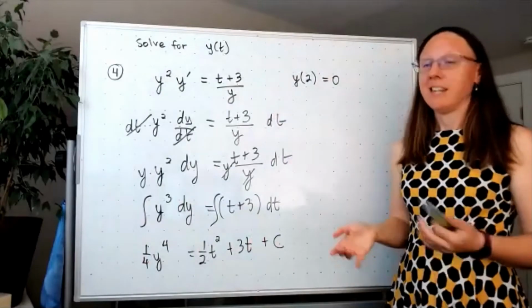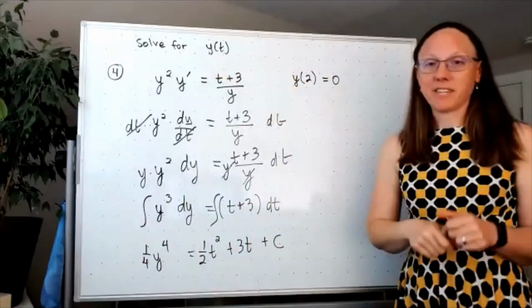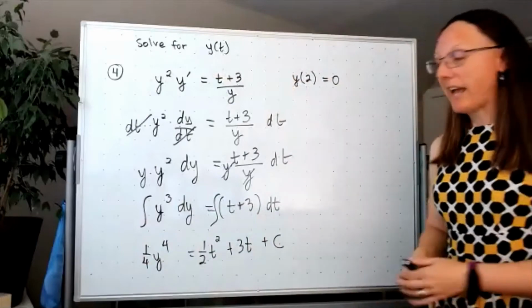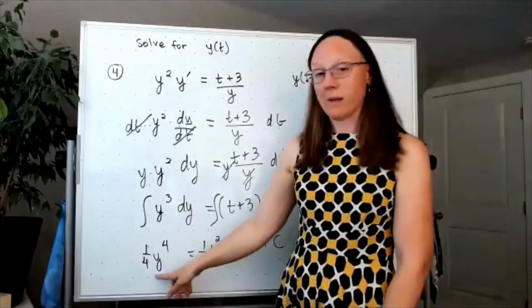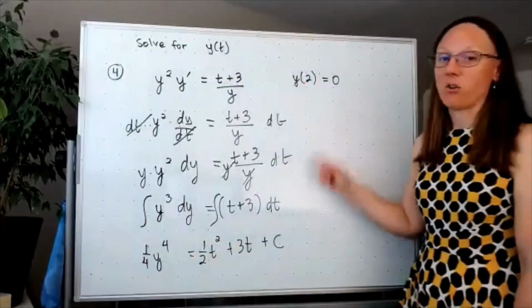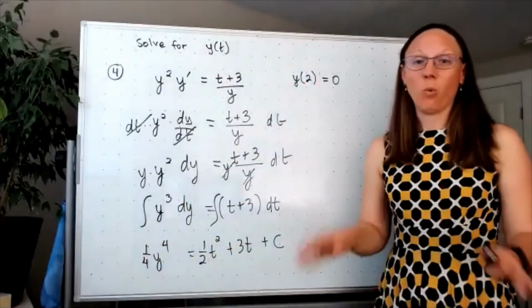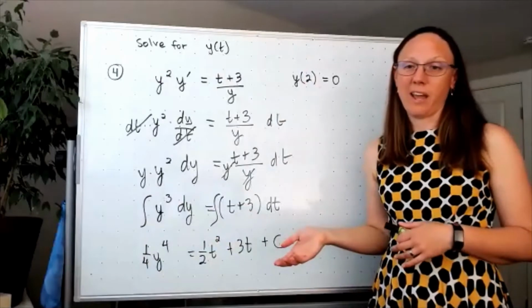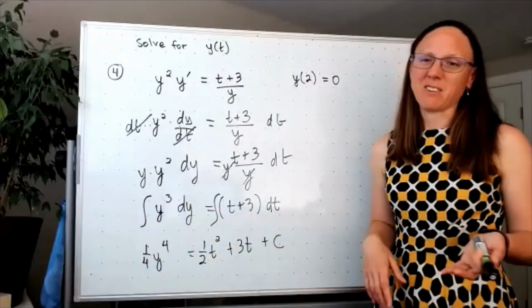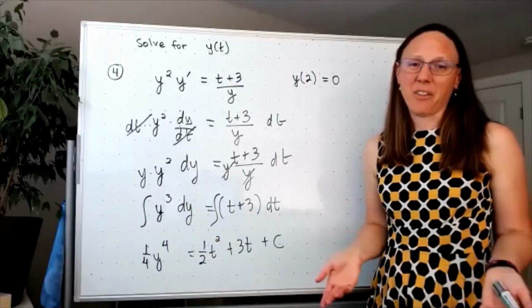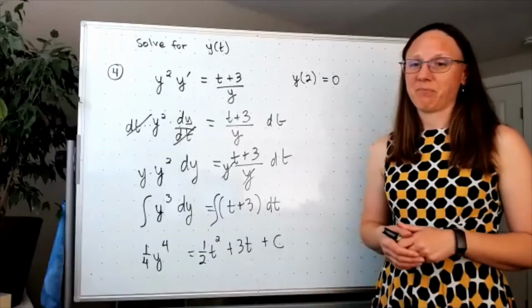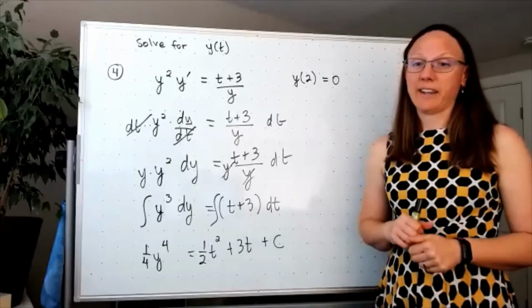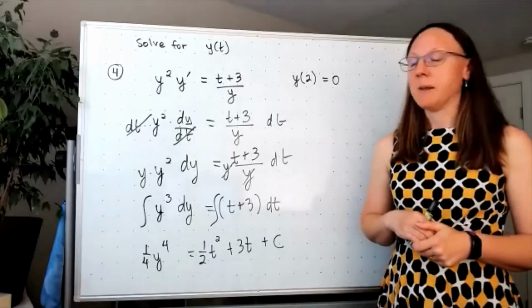We have a choice. If I'm going to solve for y of t, I can either do the algebra now to get the y by itself, or I can solve for the c first. It won't matter. Sometimes the algebra feels a little bit easier one way. Sometimes it feels better the other way. The other question in the chat here is about the plus c.